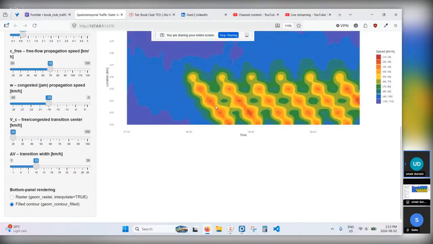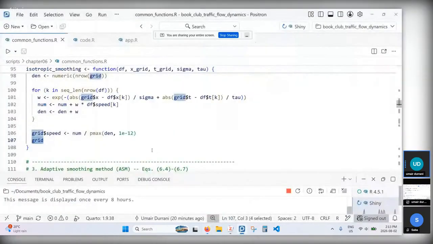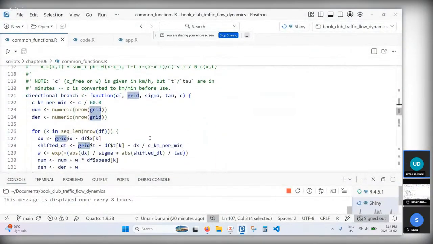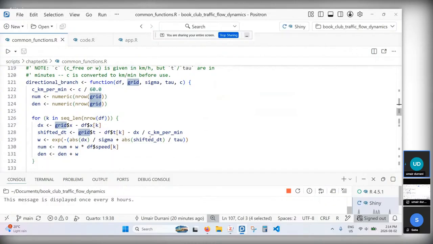So here we are back to that Egg-Carton pattern if we use the transition to be very small between free and congested speeds. Because here, if we have more congested conditions, we need to have a higher VC. And so similar to the isotropic method, we also have the adaptive smoothing method that has these two branches, one for V free and one for V congested.